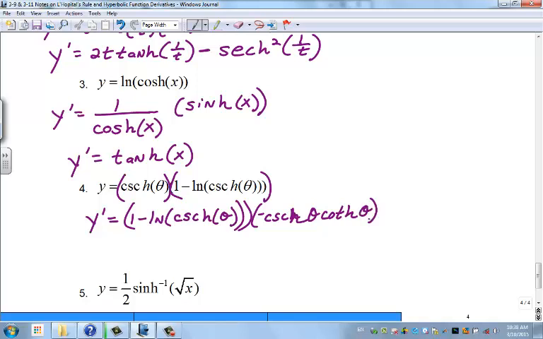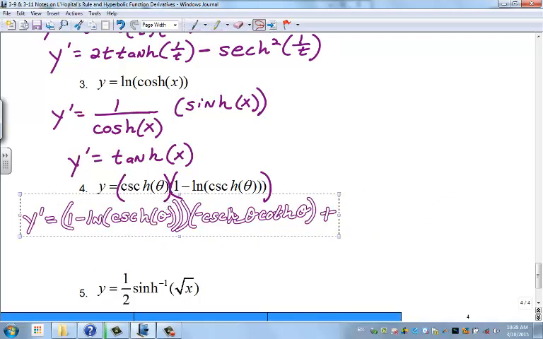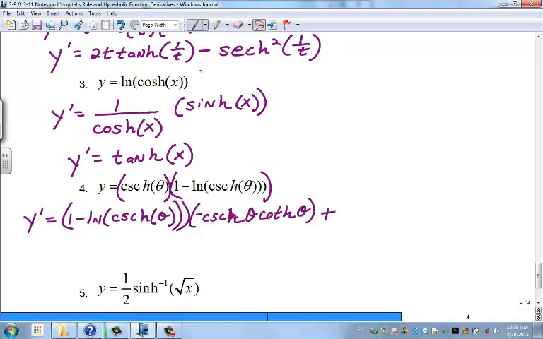Alright, so we have that, and then plus the derivative of the first function times the derivative of the second function. So let me slide all of this over. So the first function is cosecant of theta times the derivative of the second function.